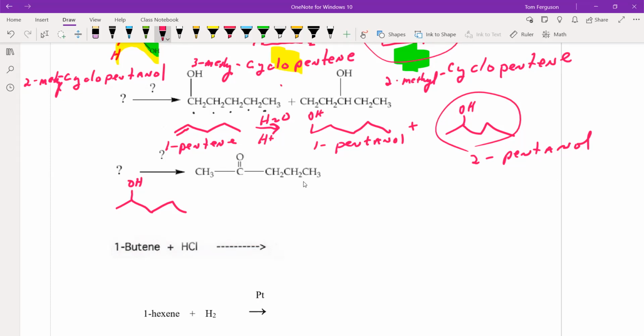So that means the hydroxyl group needs to be on carbon number 2, and that's going to undergo oxidation to generate that. Okay, for unit 1, all you need to say is it's a ketone, and this is going to be 2-pentanol.